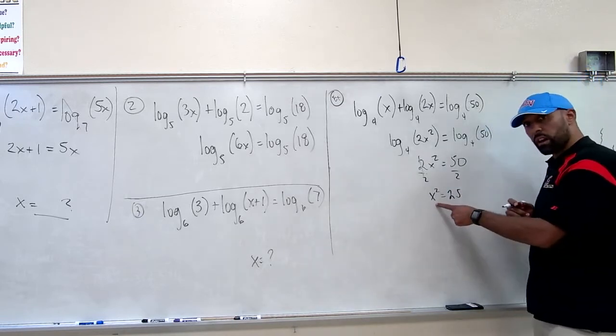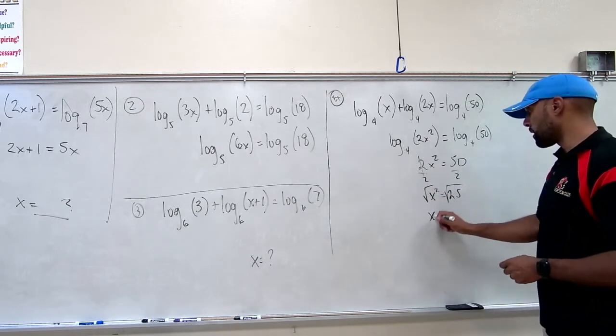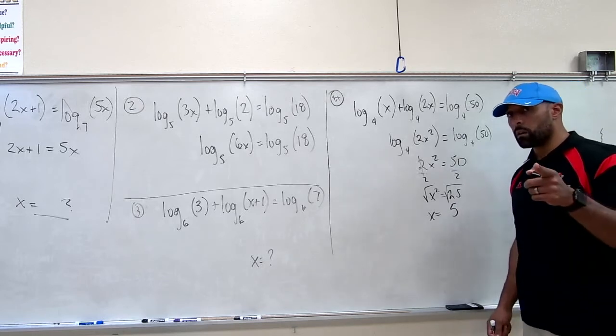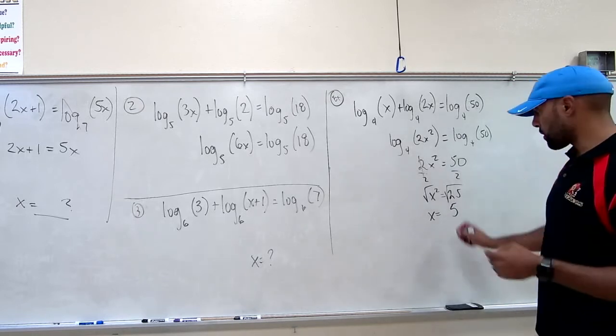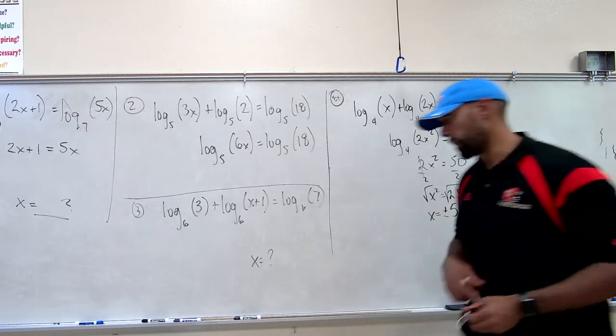Some of you guys might ask what to do now. It's x squared, so I've got to square root both sides. Now, the square root of 25 is 5. However, remember there's always two solutions when you square root, so it's plus and minus 5. Okay? So I'm going to have you guys do one just like that.